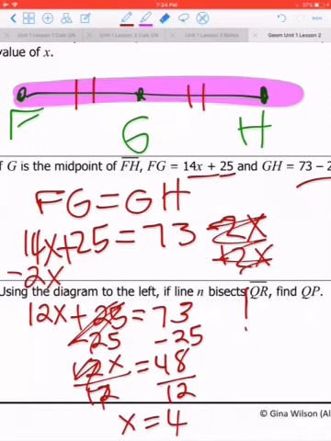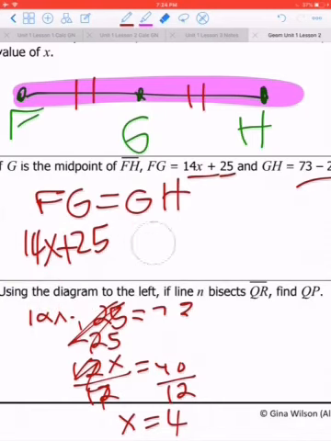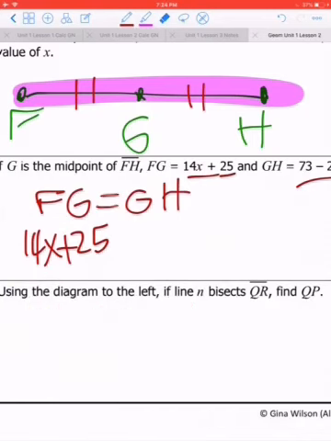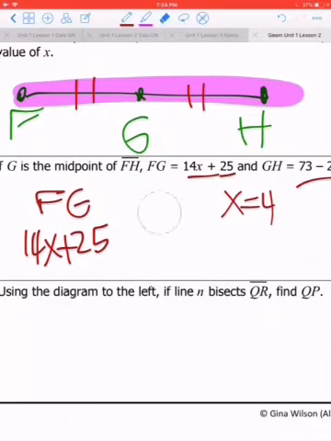Okay, so now that we know that x is 4, let's go back to our expressions. So FG was 14x plus 25. If x is 4, let's just talk about FG for now. 14 times 4 plus 25 will give us how much FG is.